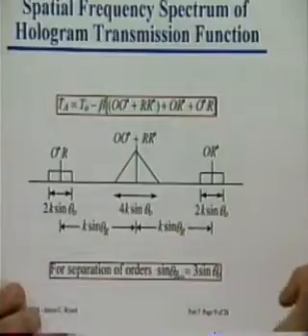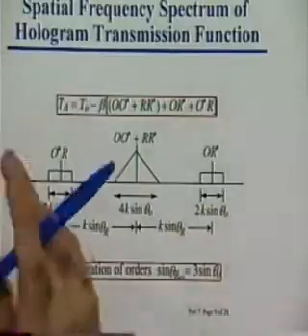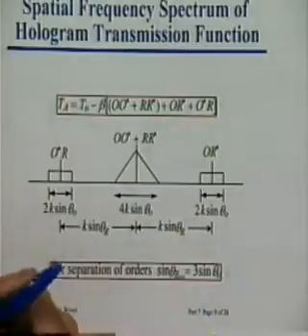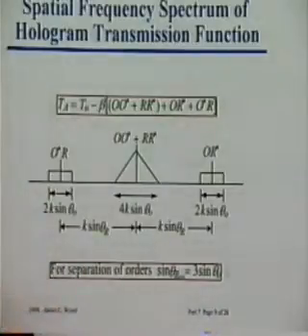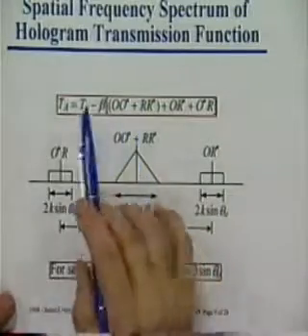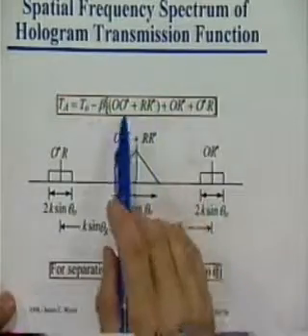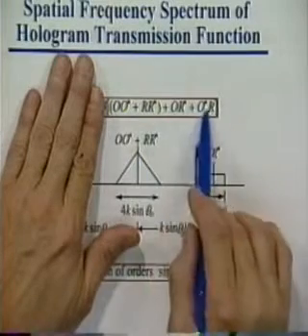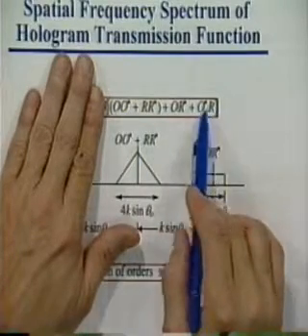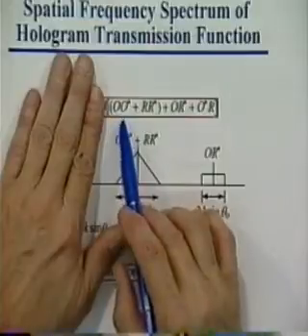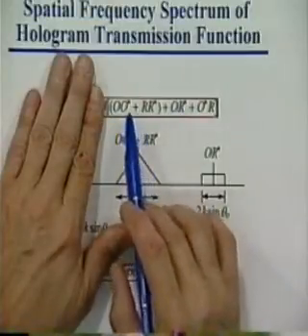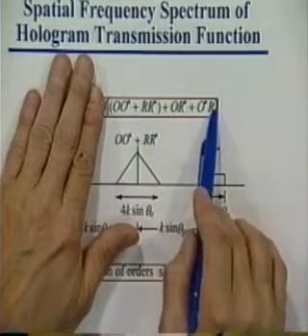Well, let me ask you another question. A question in the back corner. Well, I didn't completely understand where you came up with the equation on the top of that page. Okay. Where did this equation come from? This is just the intensity of the exposing beam. It's just the magnitude of O plus R squared.